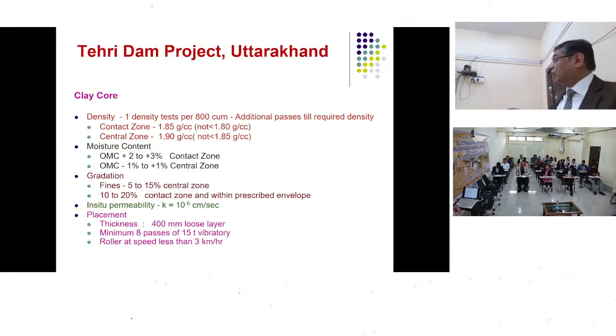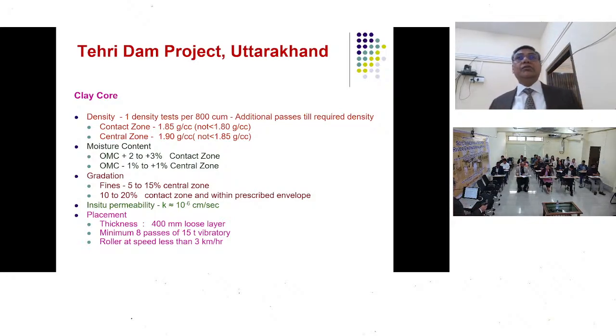So what did we decide? We decided that we'll have one density test per 800 cubic meter. In the previous slide I was saying 1000 cubic meters, but here we decided to have it at 800 cubic meter. Additional passes till required densities are achieved.